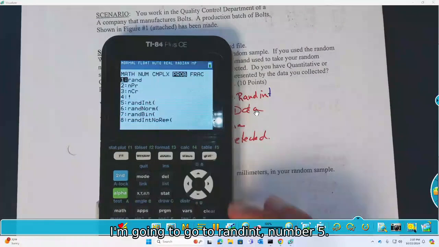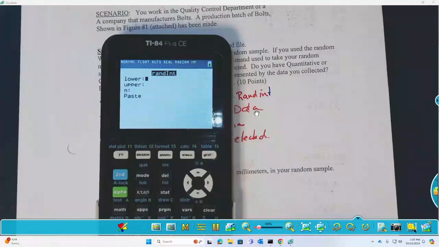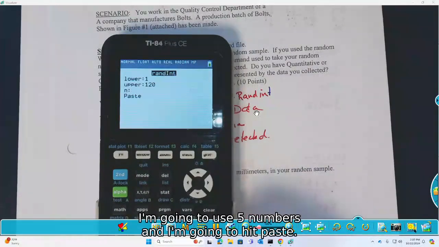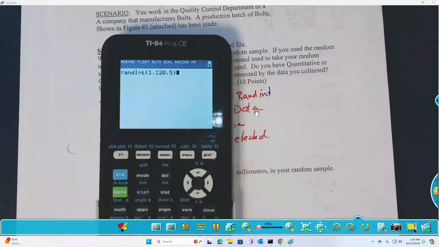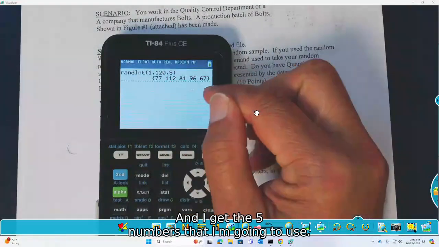I'm going to go to RANDINT number 5. I'm going to go from 1 to 120. I'm going to use 5 numbers and I'm going to hit paste. And I get the 5 numbers that I'm going to use.